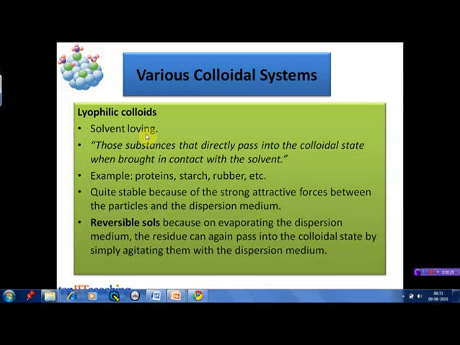For example, proteins, starch, rubber, etc. These colloids are pretty stable because the attractive forces between the particles and the dispersant medium are very strong in their case. They are also known as reversible sols because on evaporating the dispersant medium, the residue that is obtained can be easily passed into colloidal state again by simply agitating it with the dispersant medium.